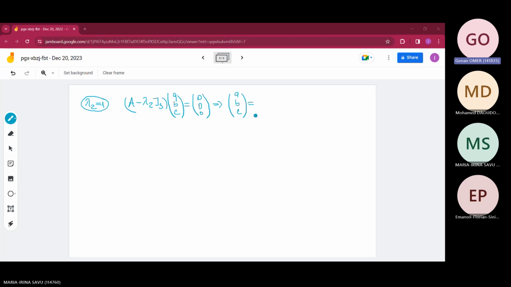So we have B 0, which is 3 times 0. This is B2, let's say. And the geometric multiplicity of lambda 2 is? 1. Yes, it is also 1.